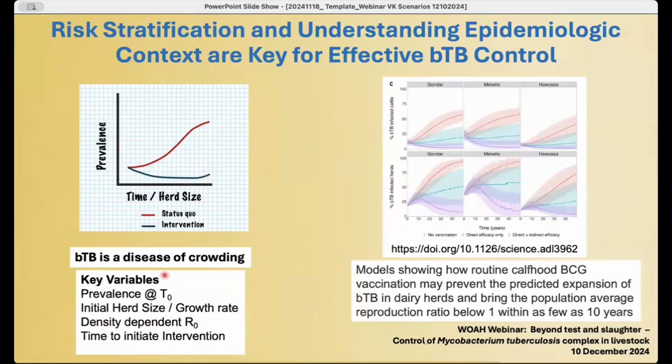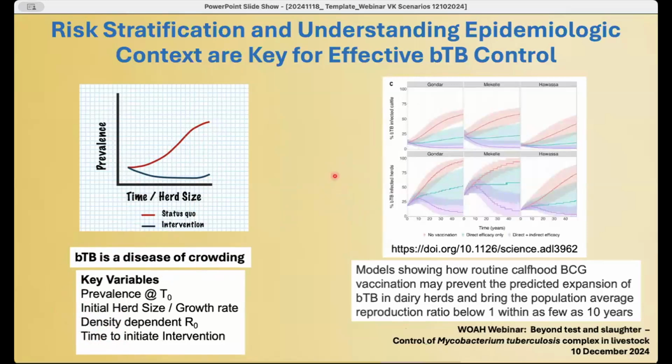So the considerations are the prevalence at the starting point, the initial herd size and growth rate, knowing that there is going to be a density-dependent transmission rate increase, and when you're going to initiate intervention. These become the key variables one must consider when looking at the context, particularly within a herd setting or a region setting, when drawing up which scenarios might be most applicable.